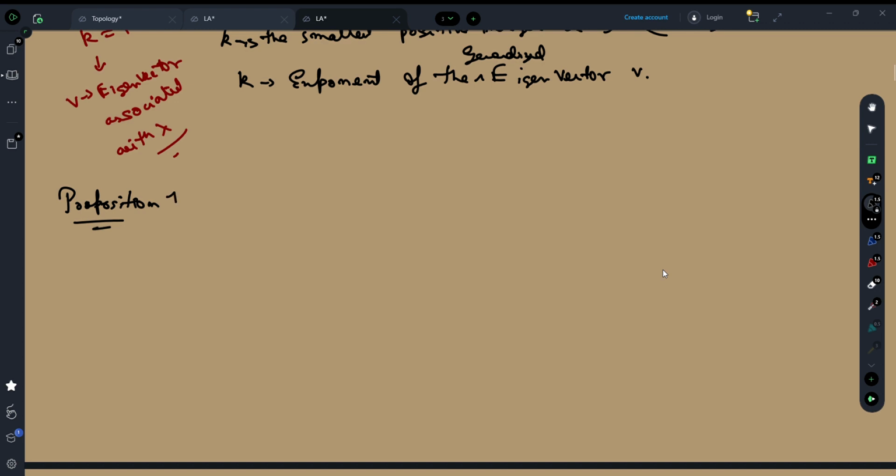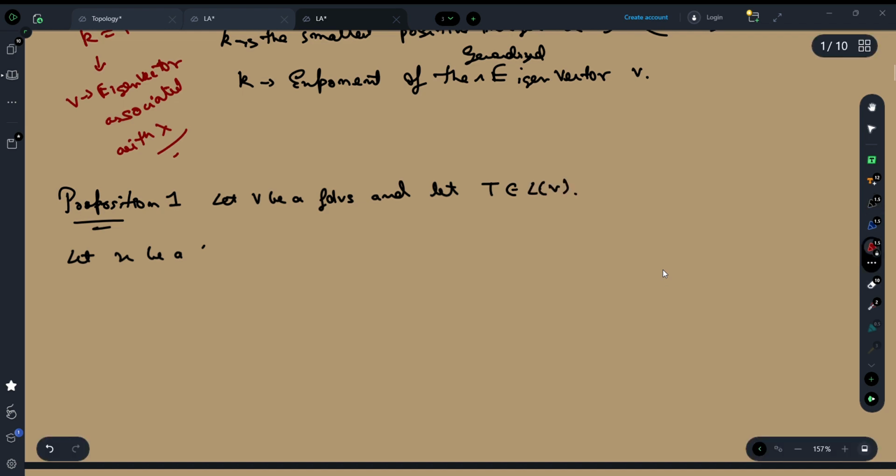Okay, let's come back to the proposition. We name it proposition 1. Let V be a finite dimensional vector space, and let T be a linear operator defined on it.